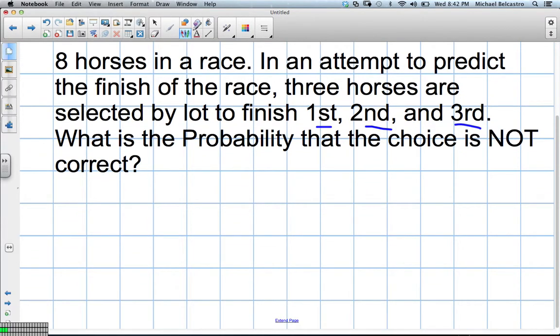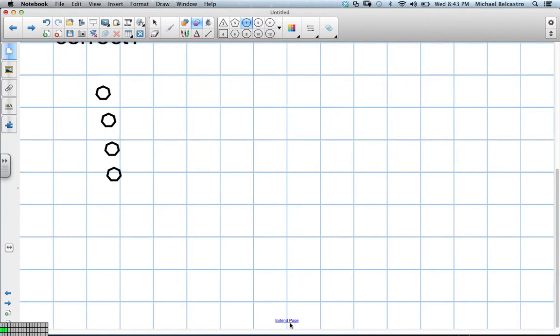Okay, so we'll make a quick diagram here. Actually, I'll choose some shapes here to represent the horses. Sure, let's use this. These are our horses. So 1, 2, 3, 4, 5, 6, 7, 8. So these are our 8 horses.